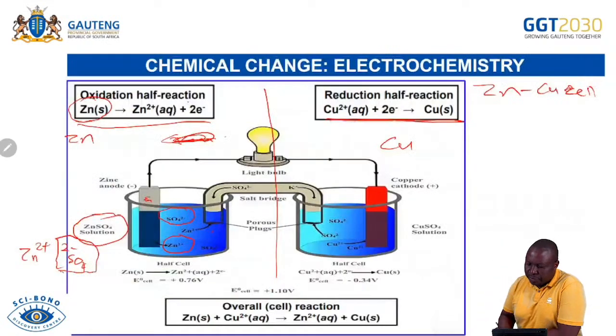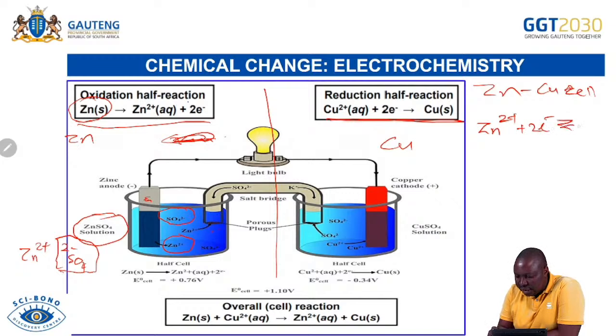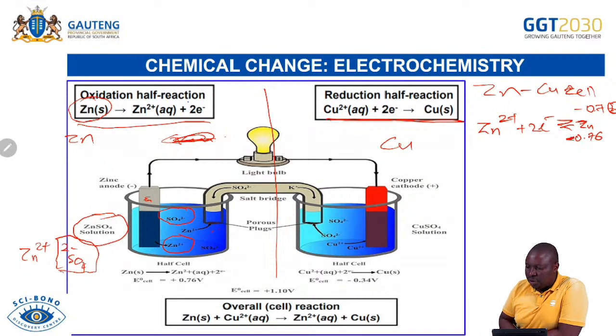From that table, you will realize that zinc is written like that, zinc with negative 0.76 volts. So the standard reduction potential for zinc is negative 0.76 volts. You have to know that, okay, it's negative 0.76.